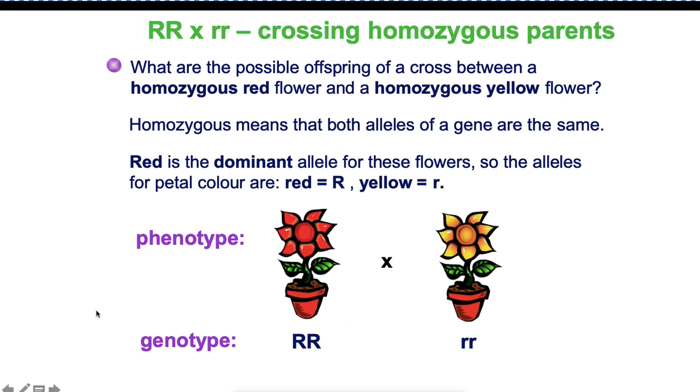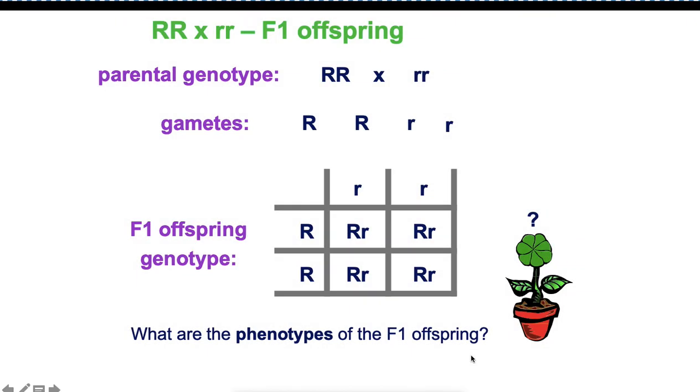So, if we match the red colored flower with a yellow colored flower, if its genes are R and R with a capital letter, it's dominant, and the other one is recessive. What will we get in the first generation? We will get only red colored offspring.